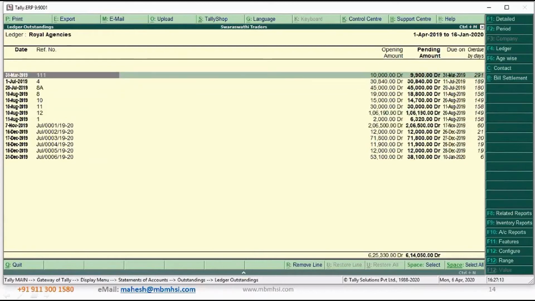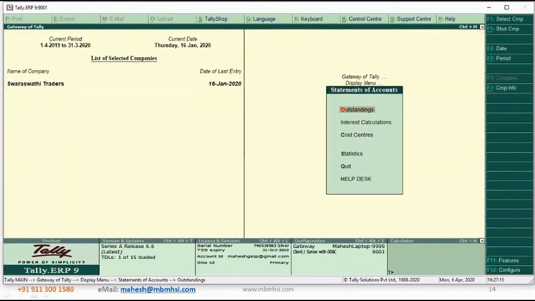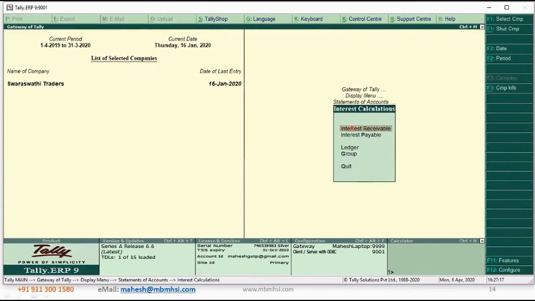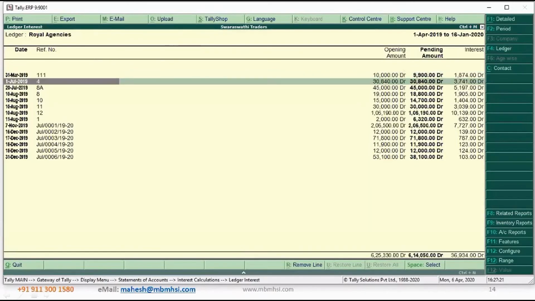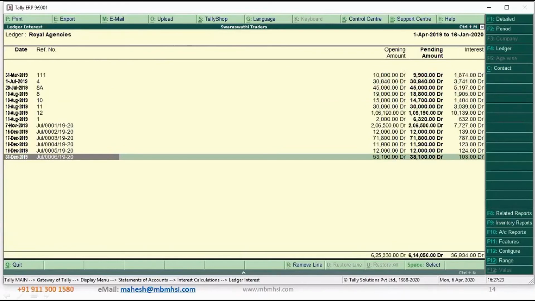Now if I want to look at the interest calculations, I'll go to interest calculation and select the ledger for Royal agencies. See, 53,100 is the bill value. Current pending amount is 38,100. Against this, 103 rupees is the interest. So how is 103 rupees calculated?